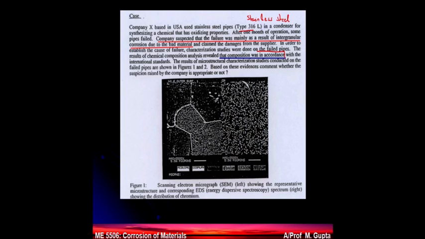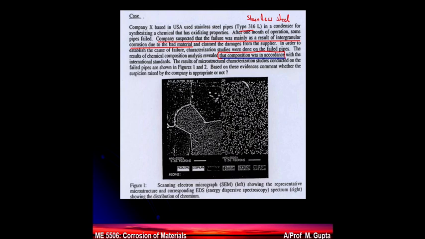But since it was a court case, they had to take advice from an expert to validate their point that the failure might have occurred because of other reasons, but not intergranular corrosion. So in a way, the company which was using these condensers made one fatal mistake.